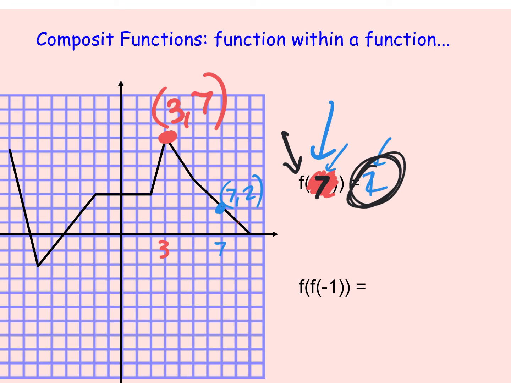Does that make sense? So let's do it from the inside out again. That part, f of negative 1. I think you all can do this now. See if you can finish this, and I'll ask you to give me an answer. Start on the inside. Kiernan, when you did f of negative 1, what did you think the answer was? 3.